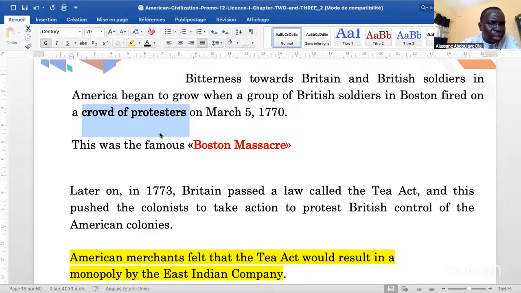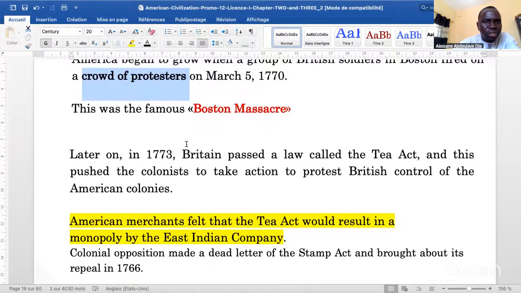What does this mean? A group of protesters, people demonstrating, and then the British soldiers, the British army, fired on them. And when they fired on these protesters, that was known as the Boston Massacre.